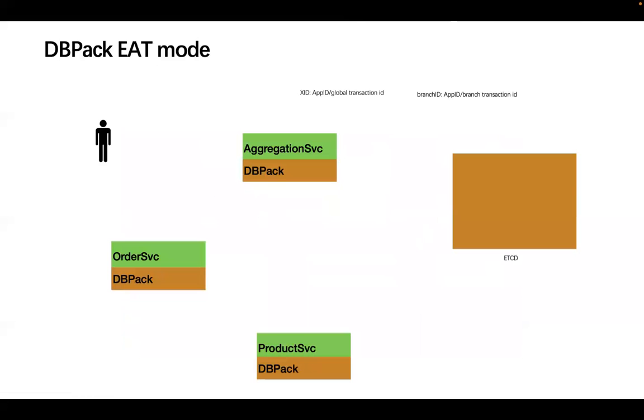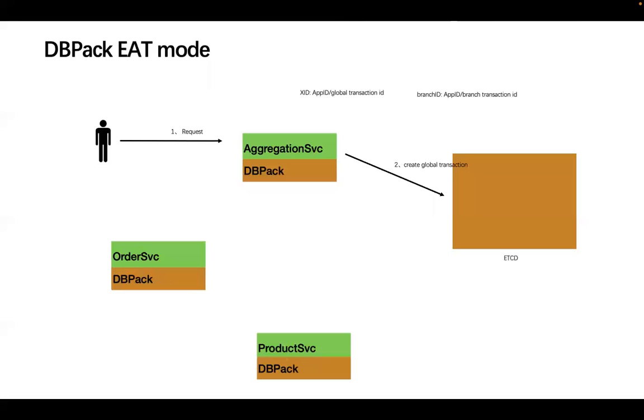And here is the EAT mode in DBPack. I'm going to introduce this flow for you to have a better understanding of the DBPack workflow. First, the user sends an API request to the aggregation service.